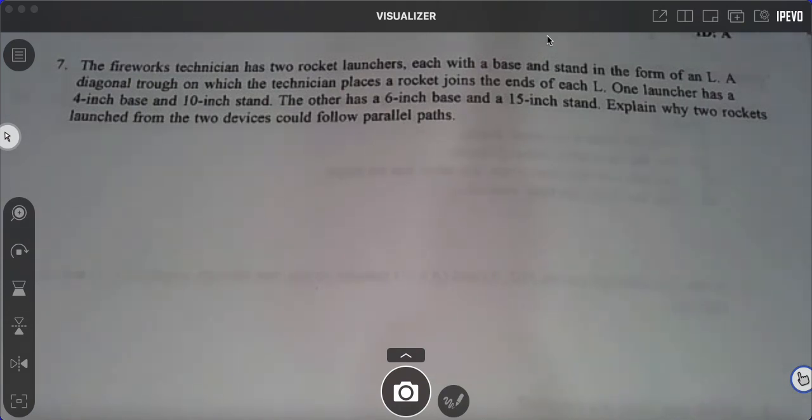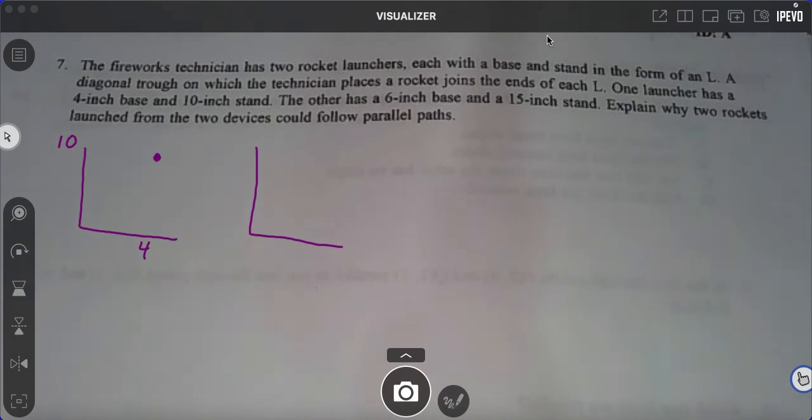So I've got, let me put my L and my L. I'm just trying to see where it joins the end of each L. One launcher has a 4-inch base and a 10-inch stand. 4 and 10.